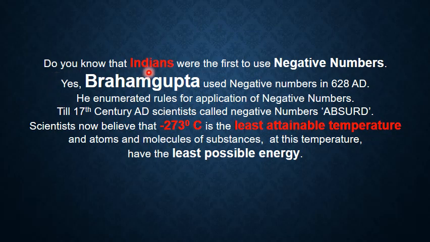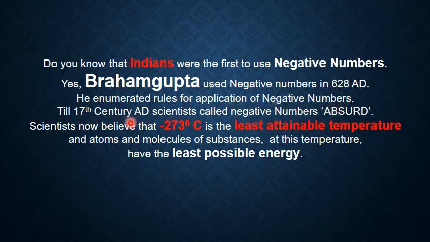Do you know that Indians were the first to use negative numbers? Yes, Brahmagupta used negative numbers in as early as 628 AD. He enumerated rules for application of negative numbers also.